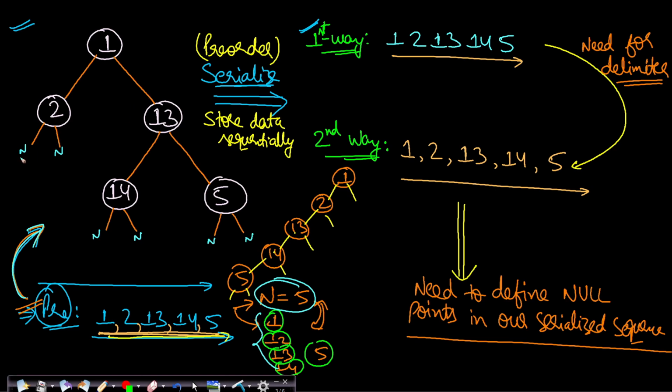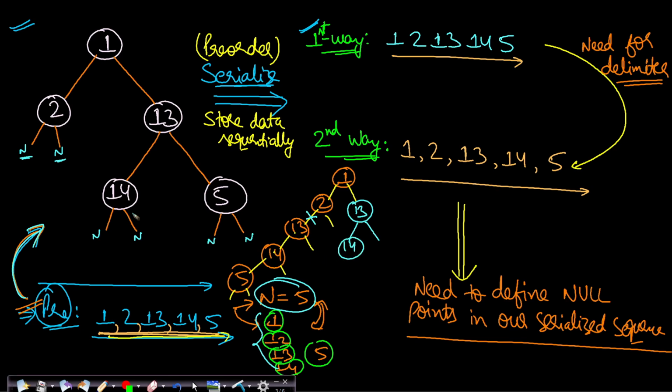If I can define that 2 is a leaf node, then obviously 13 cannot be a child of 2. That cannot be possible. So 13 has to go here, right? If I can define that 2 children are present for 13, okay, so seeing the pre-order, I can easily guess the next number, which is the left child of 13, which will be 14.